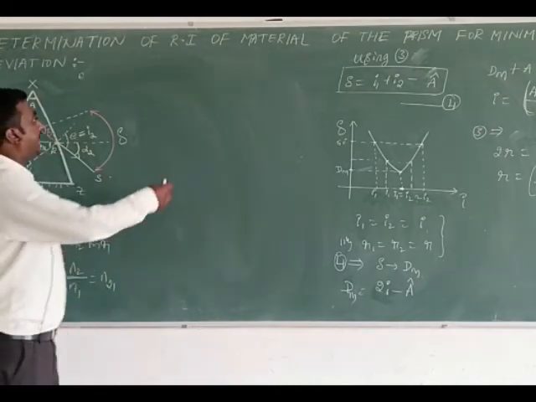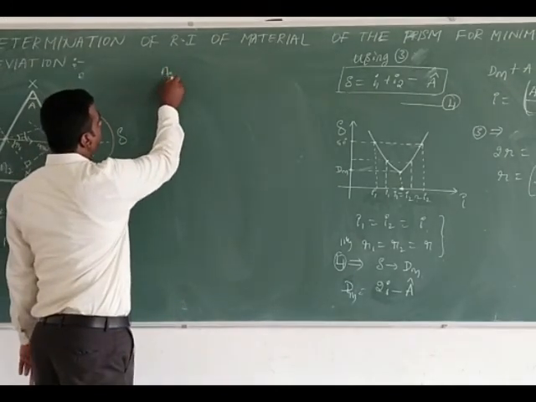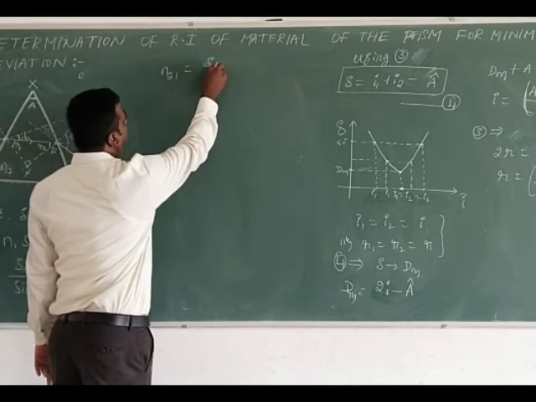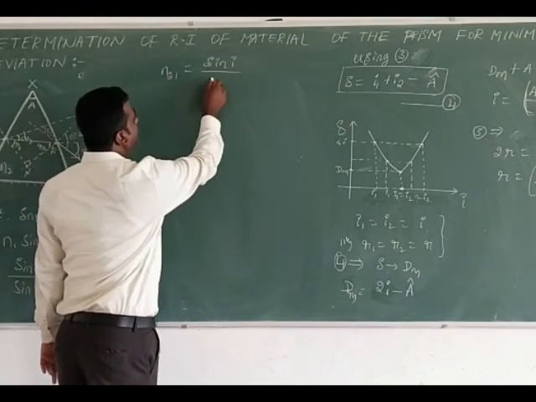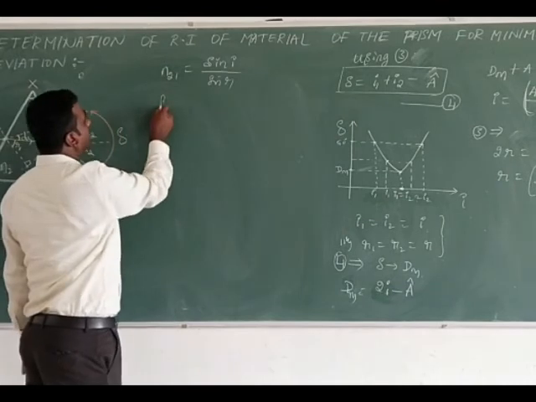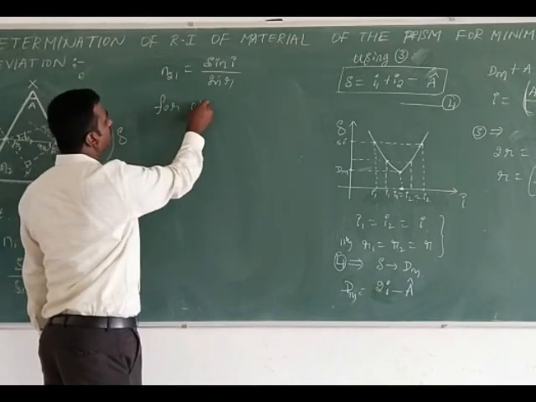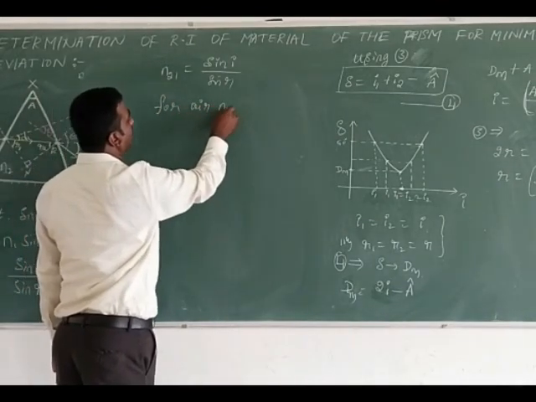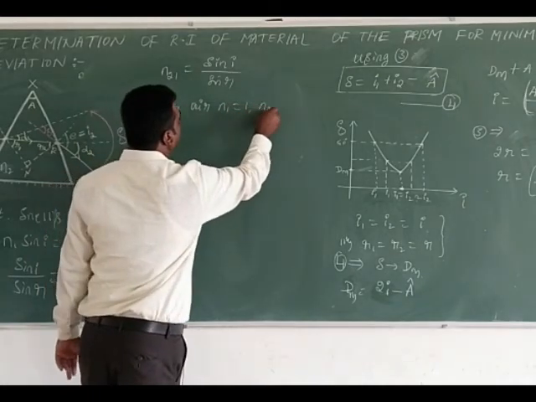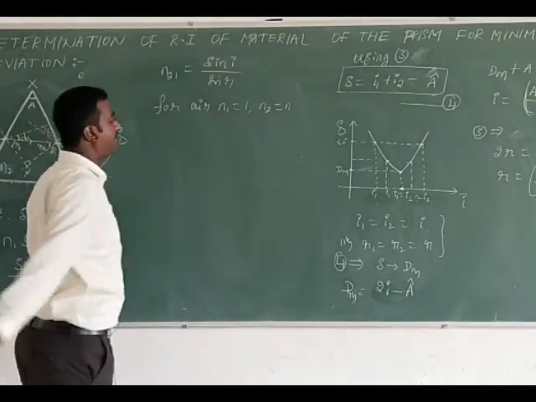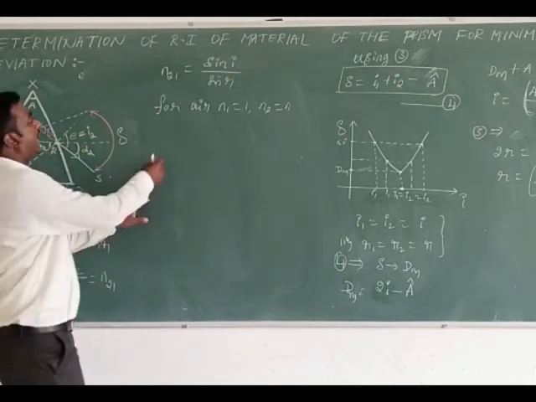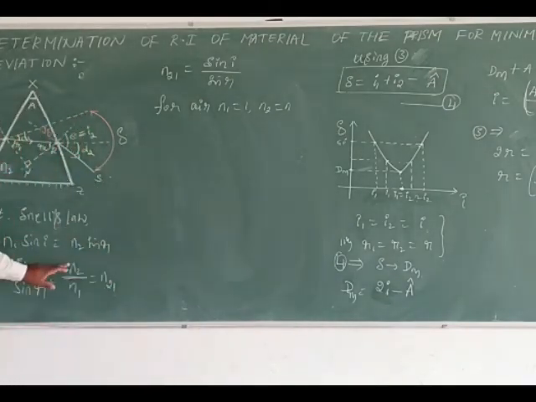So now this n21 is equal to sin I divided by sin R. For the air medium, n1 is equal to 1, and for the glass medium the refractive index is n, so n2 is n and n1 is 1.